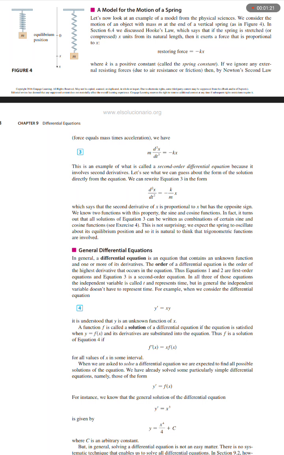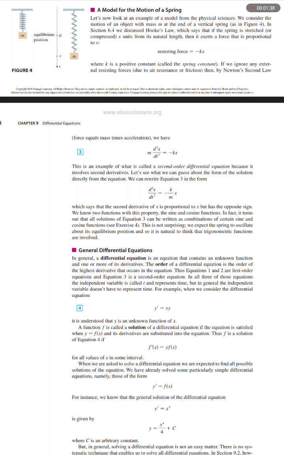See figure 4. Equilibrium position, and a graph going downwards, x along the vertical axis, with another m.